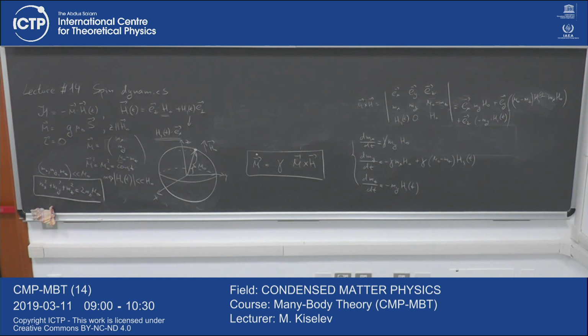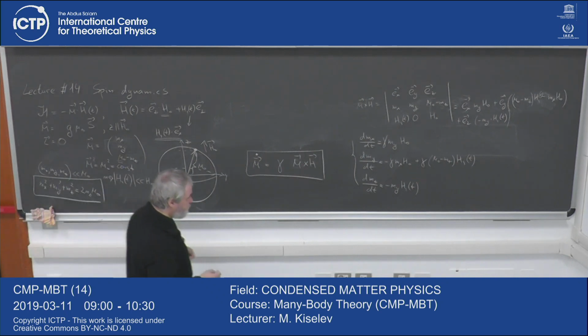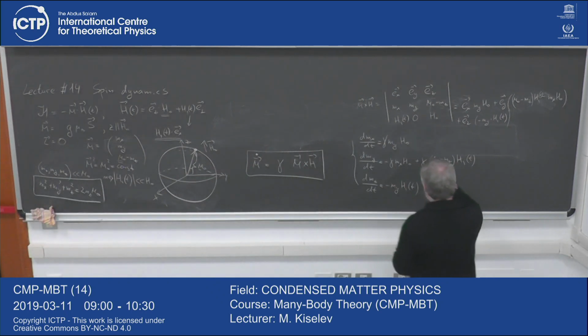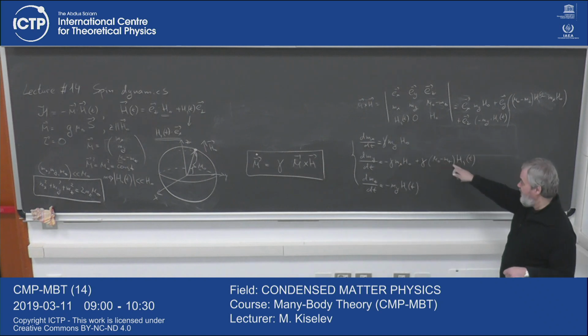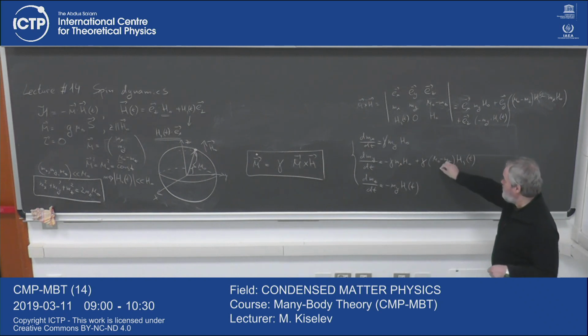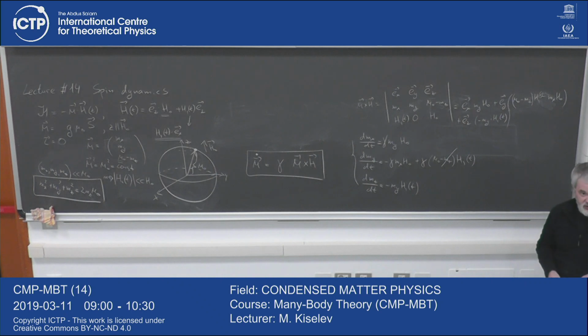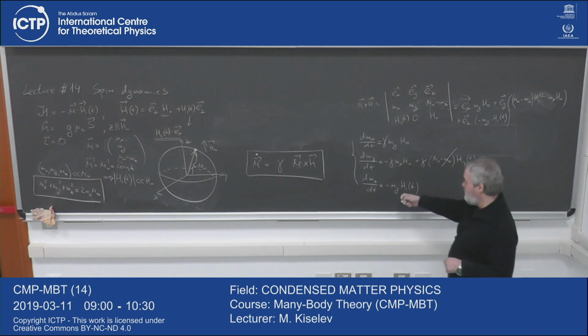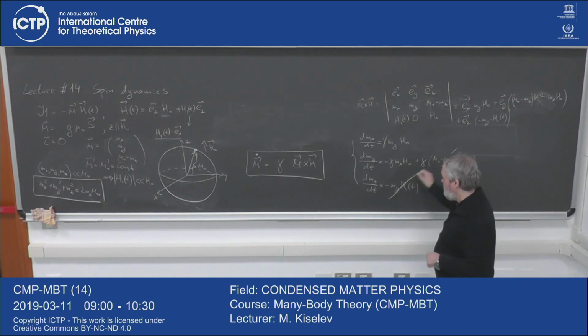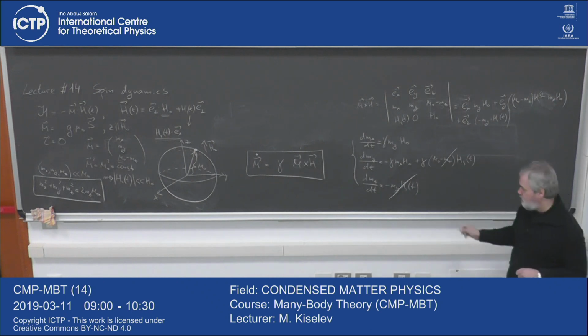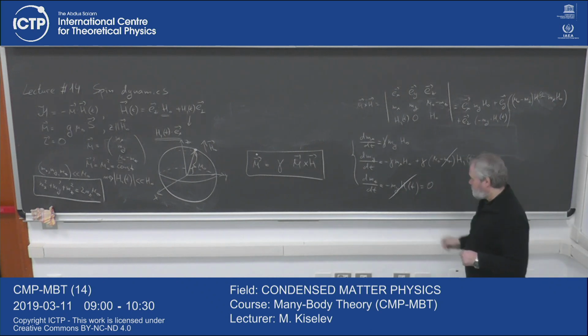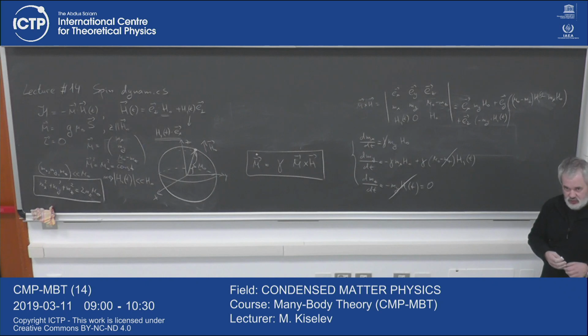If it is so, I should drop all terms which contain the product of two small quantities. For example, here I have mz times h1, therefore I drop this term in linearization, and since my times h1 also appears, I drop this term and write that this is equal to 0.